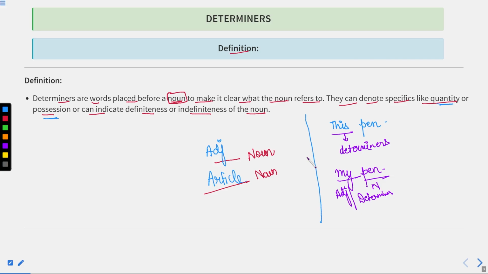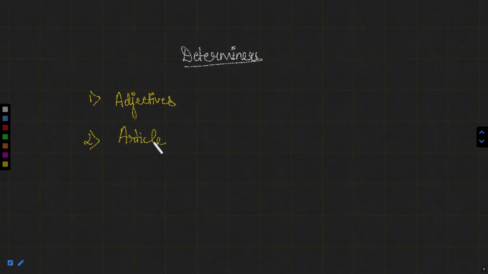Now, if you see this, it shows definiteness or indefiniteness. This definiteness and indefiniteness is of course shown by the articles. If we have an adjective or article that anyhow qualifies a noun, of course that is also a determiner.